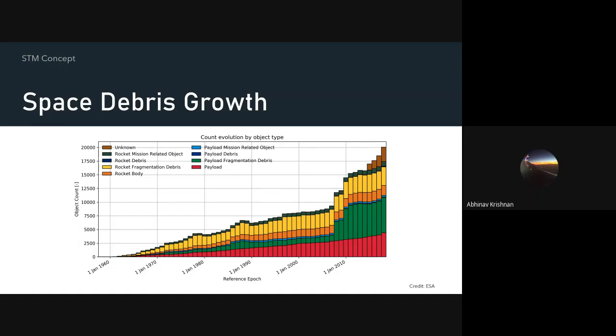There are untracked particles in space which are more than 1 million in number, and those fall under less than a centimeter in size, and less than a centimeter cannot be tracked by radar also, by virtue of signal principles and basic physics. You can't track them from Earth. So this graph is a bit incomplete, but I think a million number will not fit in this graph at the moment.